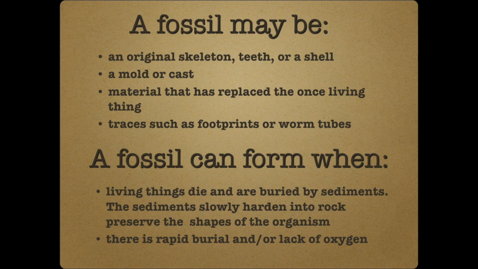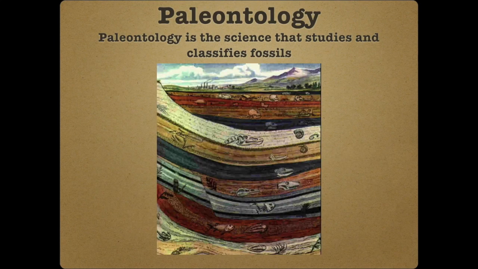When that organism starts rotting and breaking down, it will then create a mold. Another example would be rapid burial and the lack of oxygen. So the lack of oxygen can actually create a fossil.